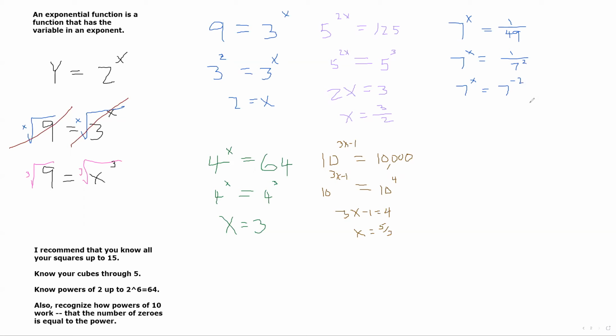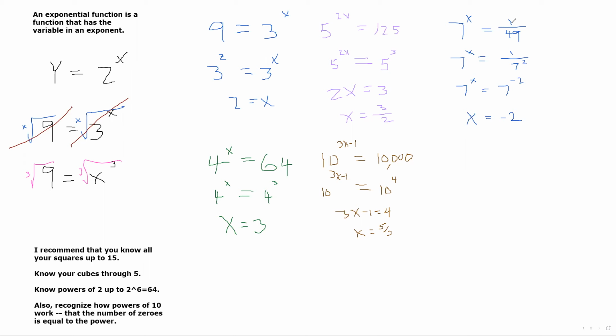Because when you have something in the bottom of a fraction, it's like writing it in the top, but with a negative exponent. And the reverse is also true, by the way. Let's not forget, if something's in the bottom with a negative exponent, it's like writing with a positive in the top. But in this case, we will conclude that x is equal to -2.